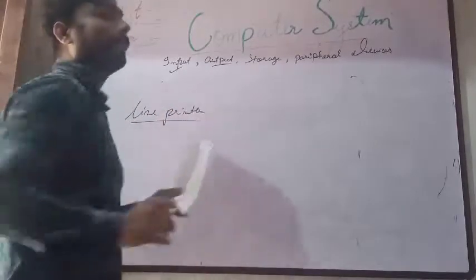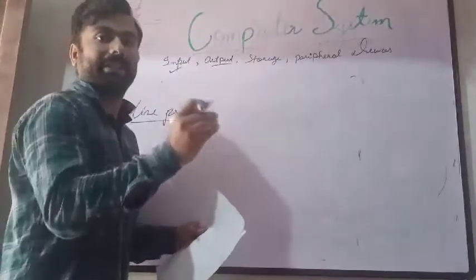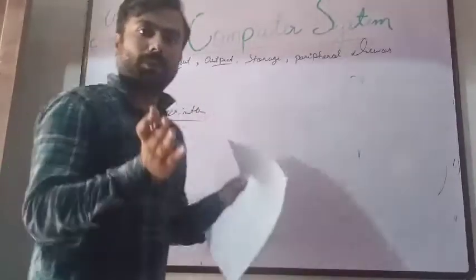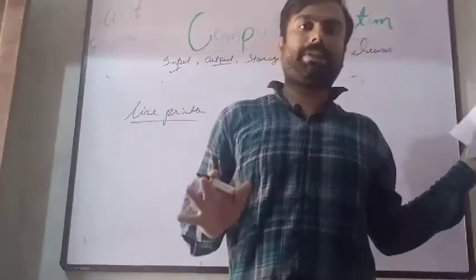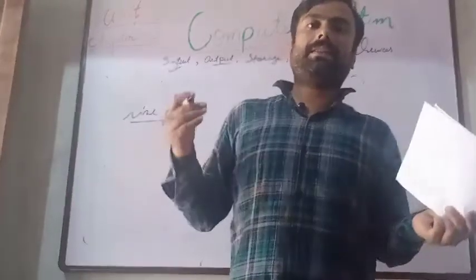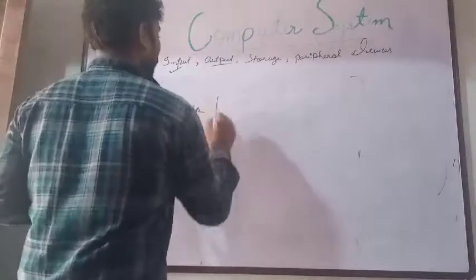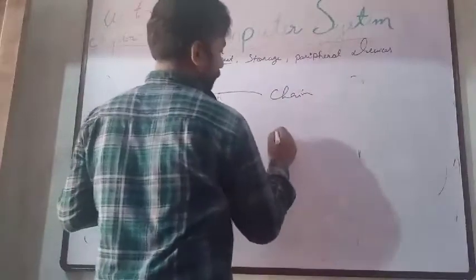Now the whole line will be printed at a time. In the character printer, printing was character-wise. In this, the whole line will be printed, and then it moves on to the next line, which means the speed is higher than the character printer. It will take comparatively less time. In this also two printers are there: chain and drum.